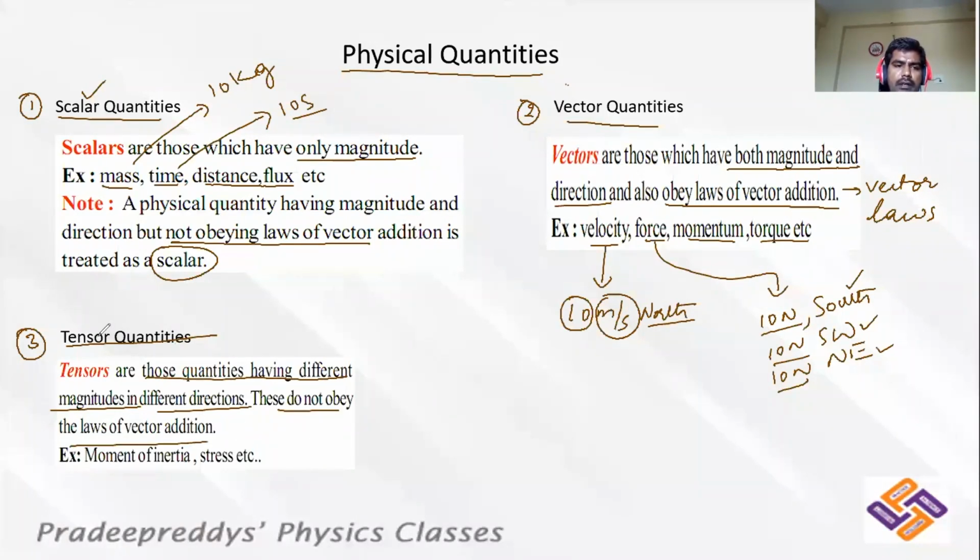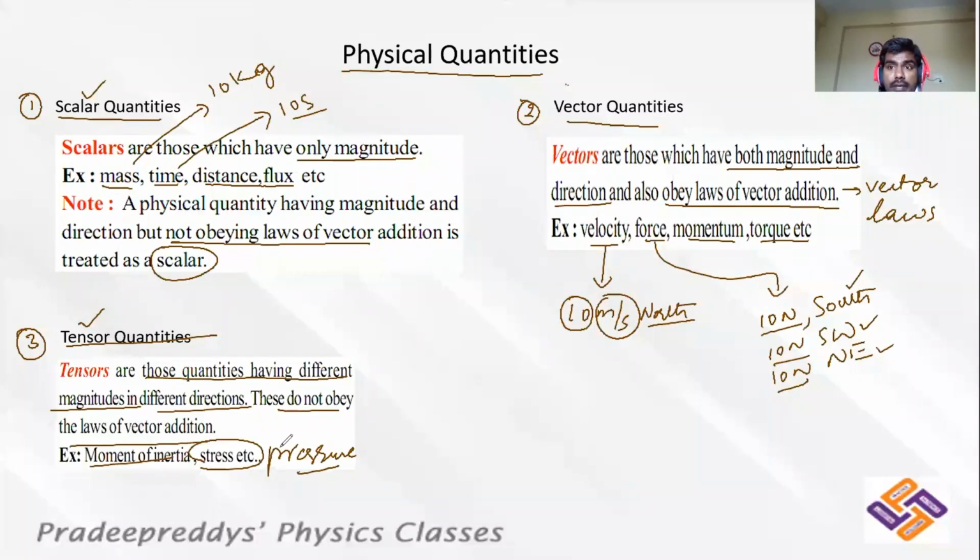Such quantities are known as tensor quantities. Examples: moment of inertia, stress, pressure, etc. These are examples of tensor quantities. For example, if I am dealing with moment of inertia or pressure, pressure will not be the same in all possible directions. Pressure can be different in different directions.